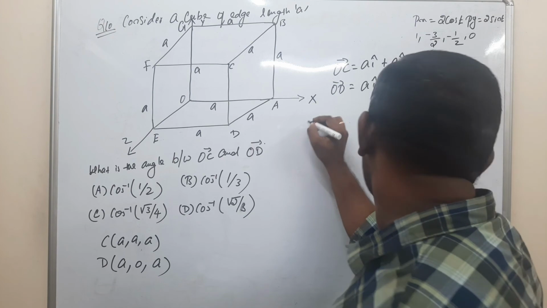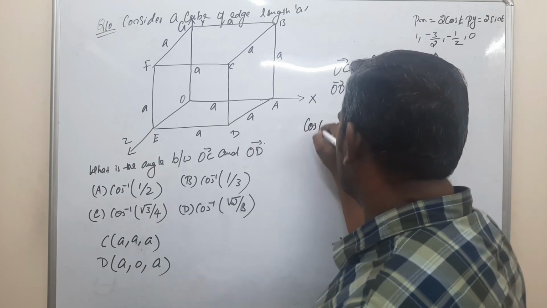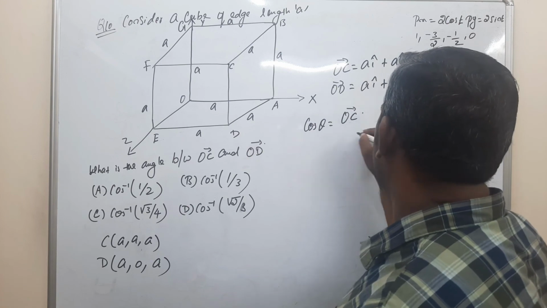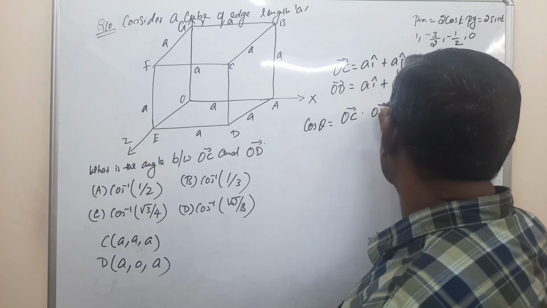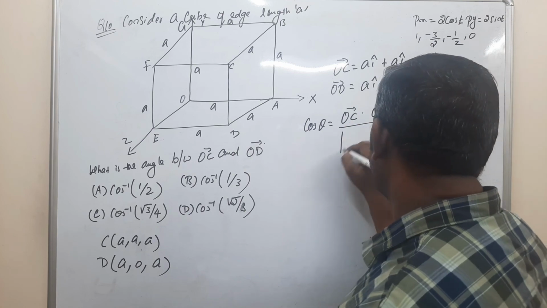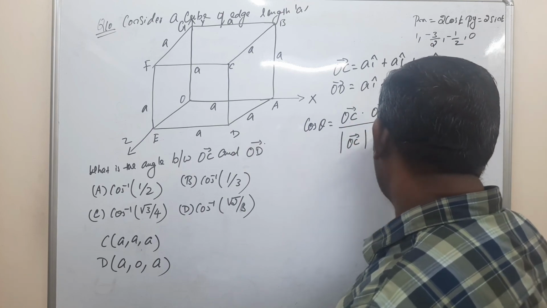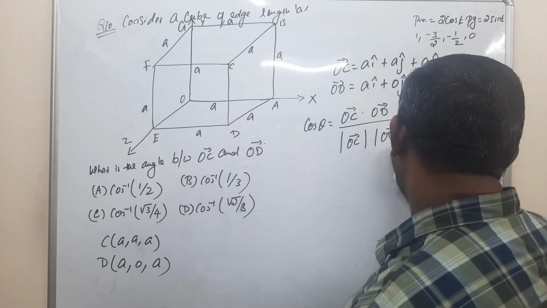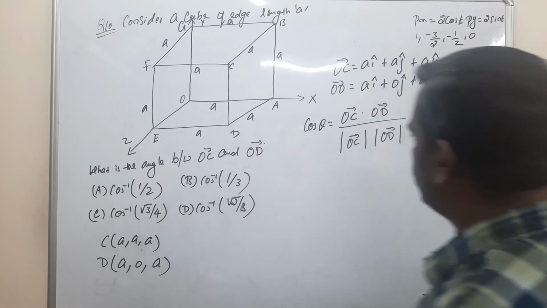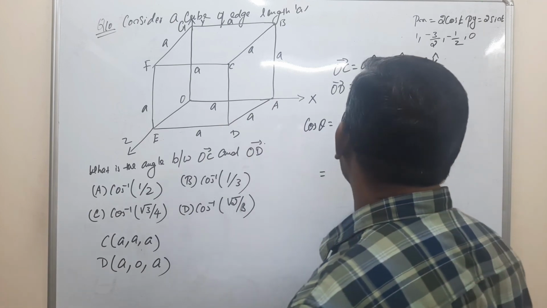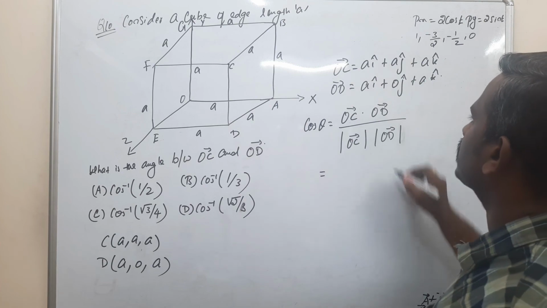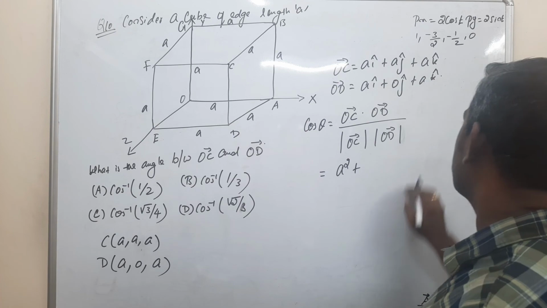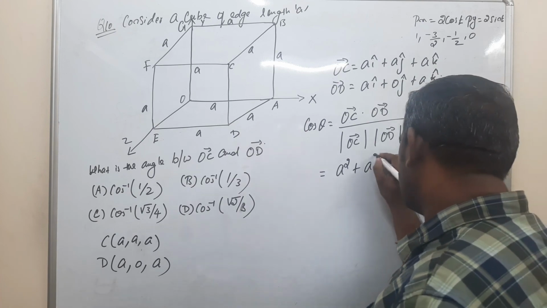What is the formula? Cos theta is equal to OC vector dot OD vector divided by modulus of OC vector times modulus of OD vector. So OC vector dot OD vector is A dot A, that is A square, plus A into 0, plus A dot A, that is A square.